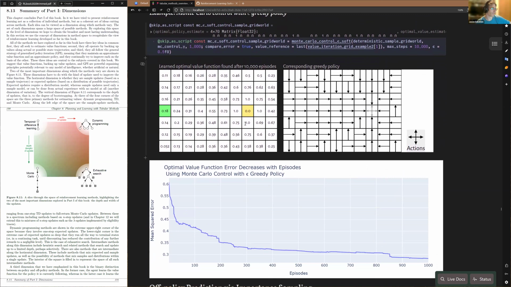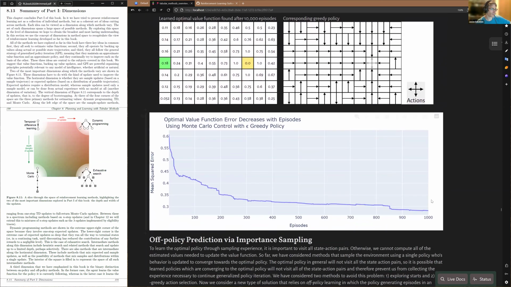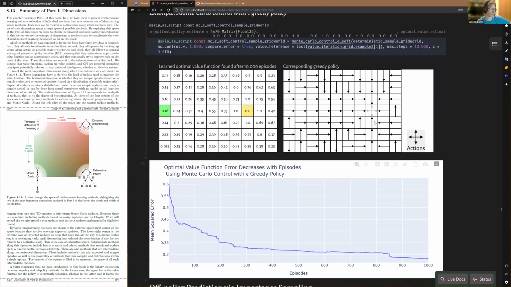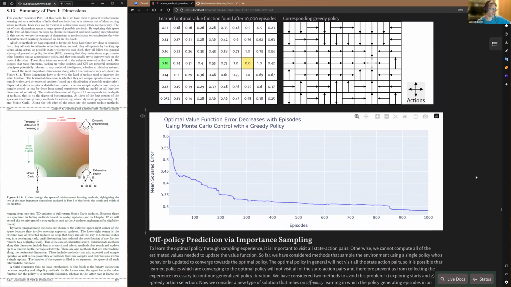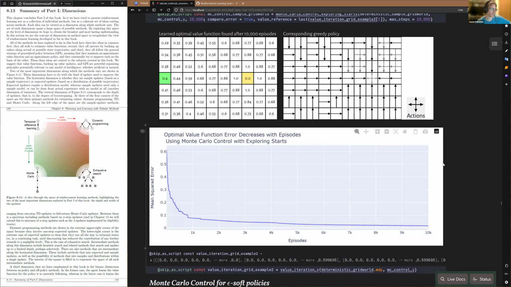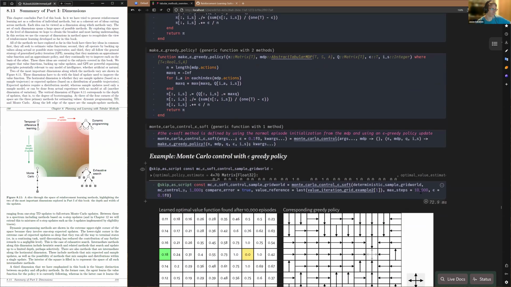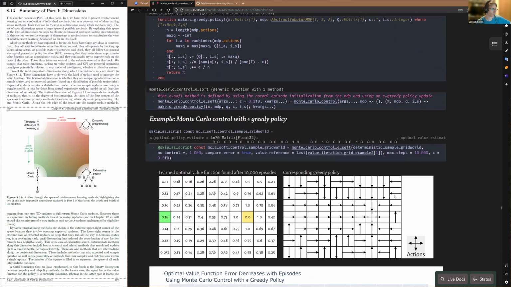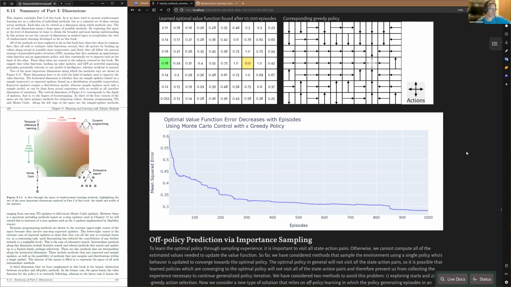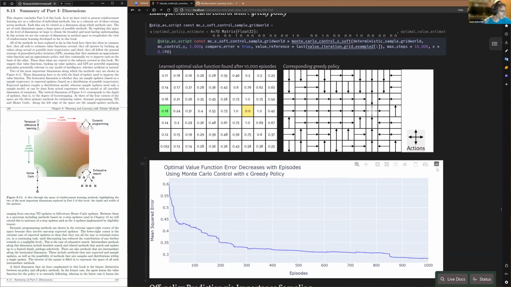It will definitely affect the value estimates though, because you can see the error here is much higher, even though this policy also in places isn't optimal. Maybe I didn't run it for as many episodes, or it might be plotting it differently.